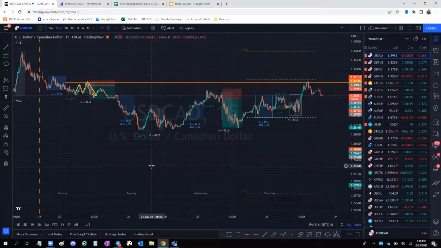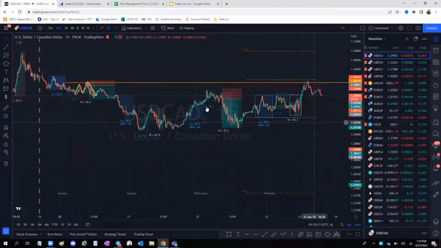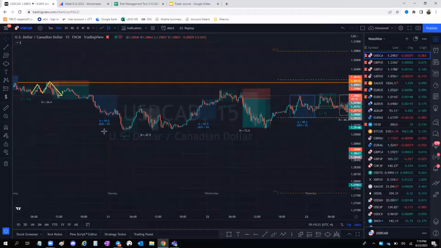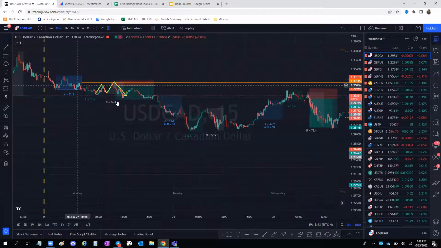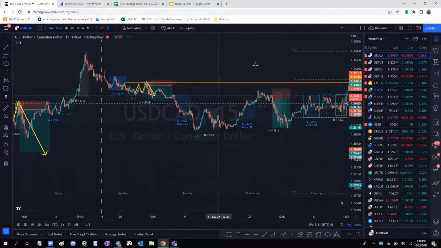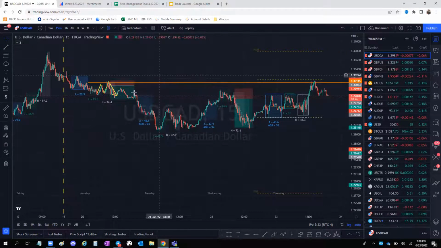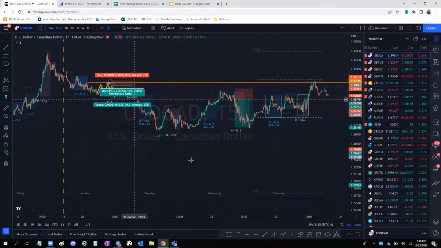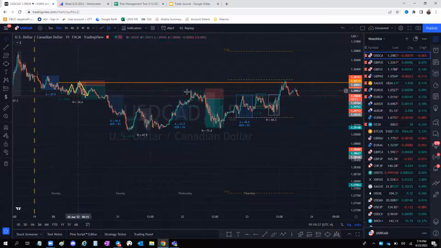All right, so for USD CAD, we had two great setups. This one here was a type 3. We know our directional bias is bearish, and we had an entry right there at the opening of New York. Take the trade, make your profits, move on, or hold a swing and see how it plays.